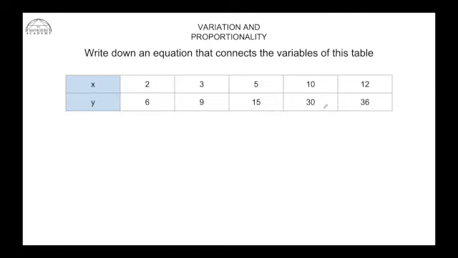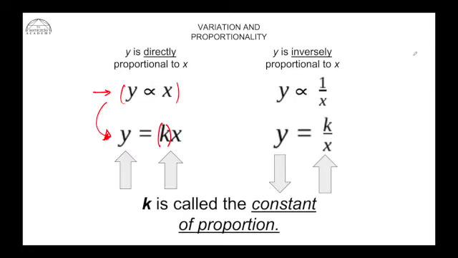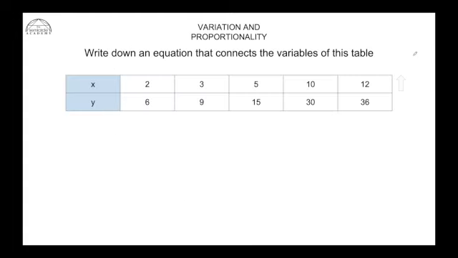Now, take a look at this. Somebody tell me, is this directly proportional or inversely proportional? Very good. We could see here that as x is getting larger, y is also getting larger. What they're asking us to do is form an equation that describes this relationship.